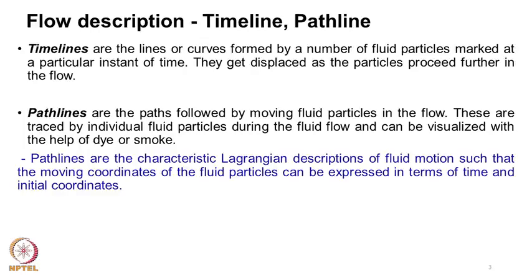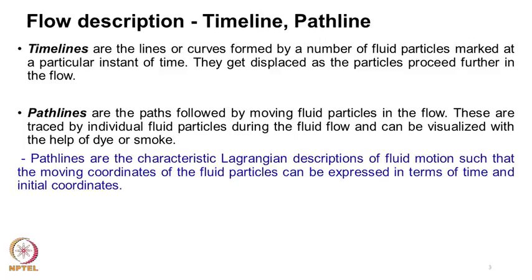Path line is another definition. This is a contour or path followed by moving fluid particles. They are traced by individual fluid particles, and in experiment, also in CFD, you can inject a dye, then it traverses, and if you connect all the contour then you get the path line.